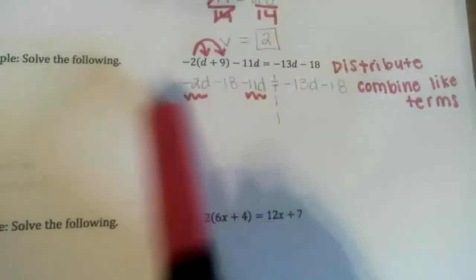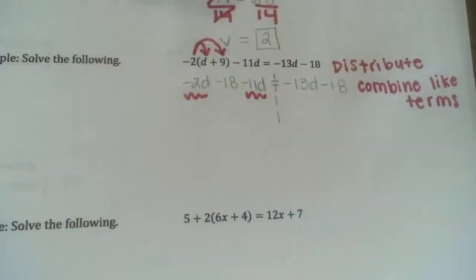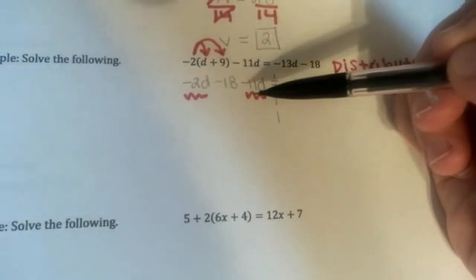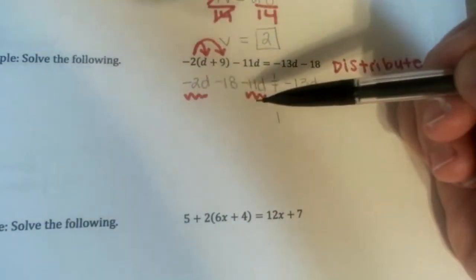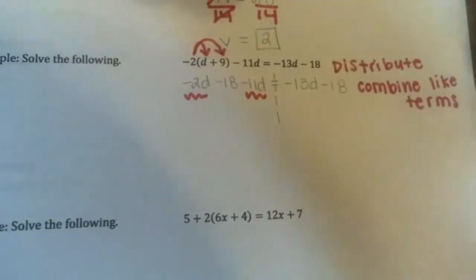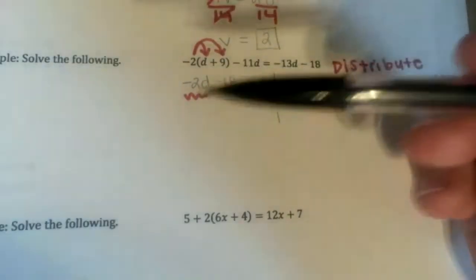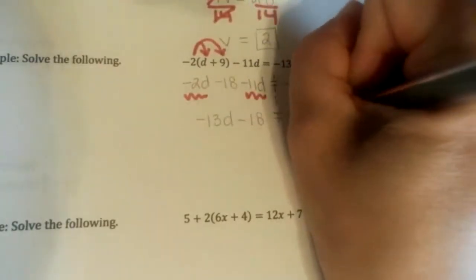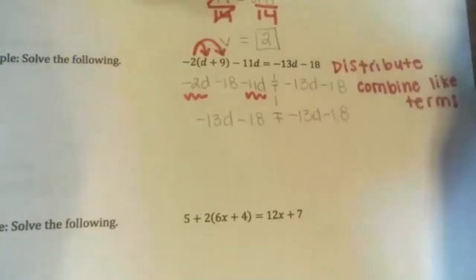So negative 2d minus 11d, they're the same sign, so that means we're going to add them together and keep the sign. So negative 2d minus 11d would leave us with negative 13d. That minus 18 stays the same, equals negative 13d minus 18.